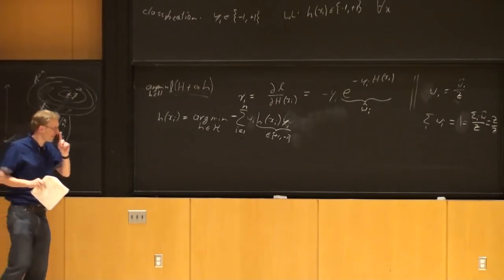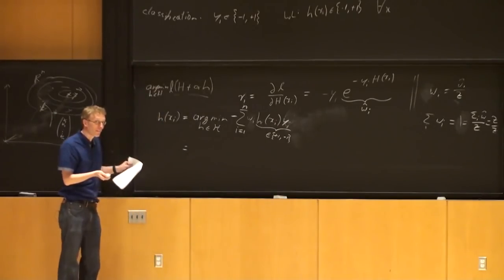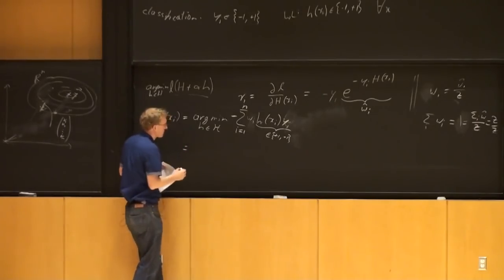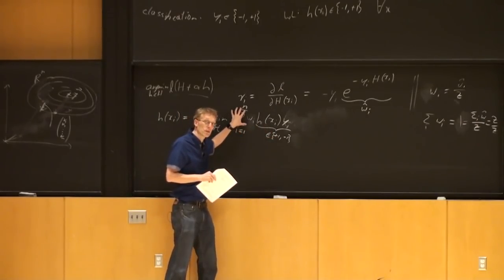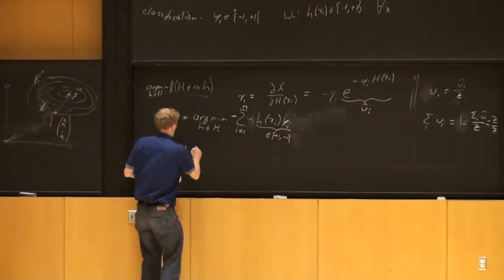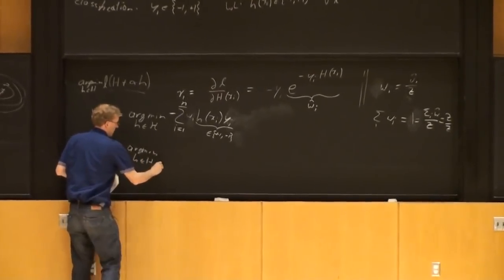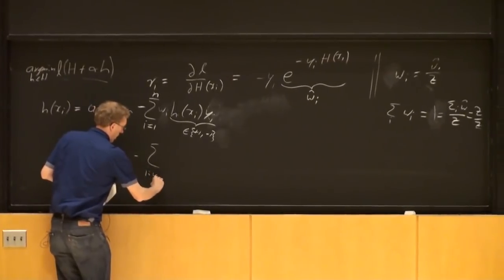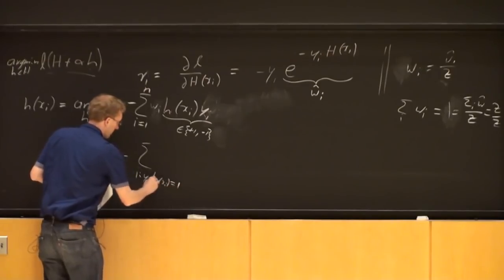Now, last step. Pay attention for one step. We now divide it up. Actually, 2 more steps. I lied. So here's what we do. This is either +1 or -1, so we just divide up the sum. We sum over all the points where it's positive, and then we sum over all the points where it's negative. So we first sum over all the points where h of xi equals 1.